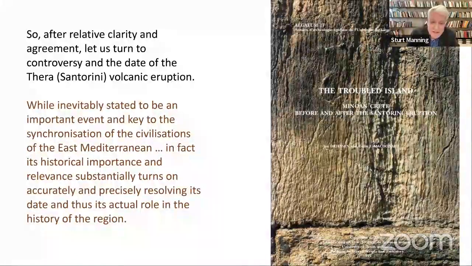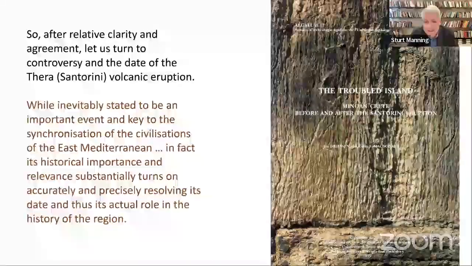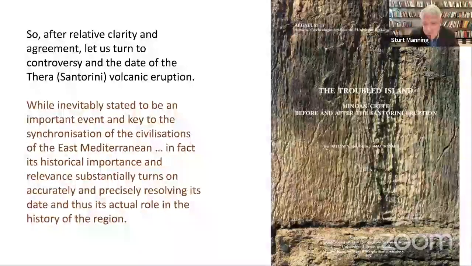At the present moment, we have discussions of different possible dates and ranges, and the fact that that seems to be okay clearly implies that actually we don't really understand the impact and importance of the eruption, or not, because some argue it doesn't have any great significant historical impact at all. But unless we can resolve the date, it isn't possible to actually discuss its importance in terms of the synchronization, history, or otherwise of the Eastern Mediterranean.